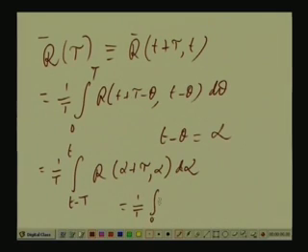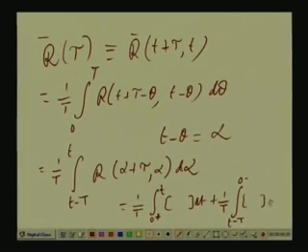One is from 0 to T, the other is from T minus T to 0 minus.